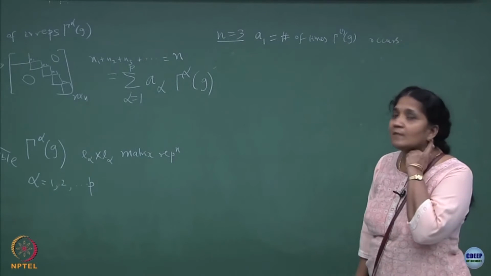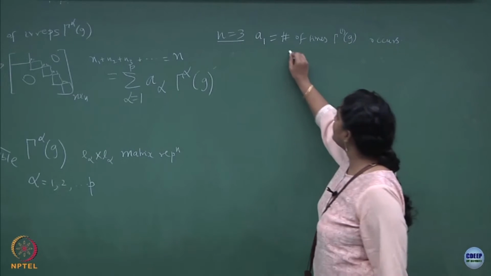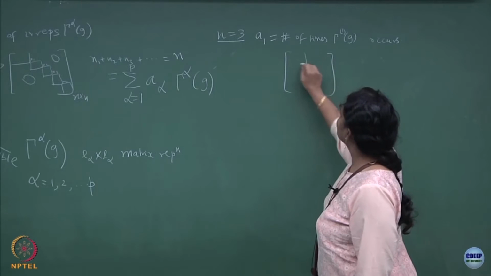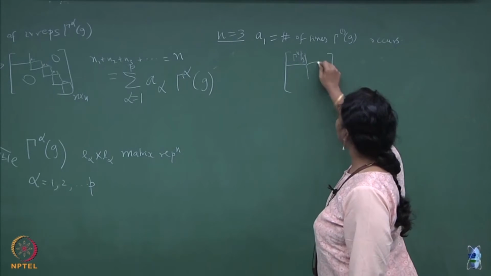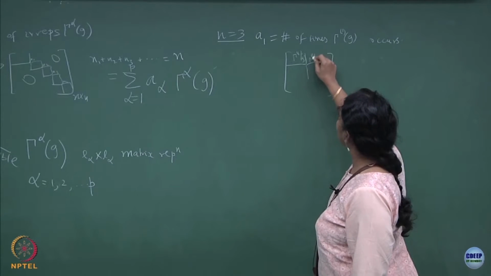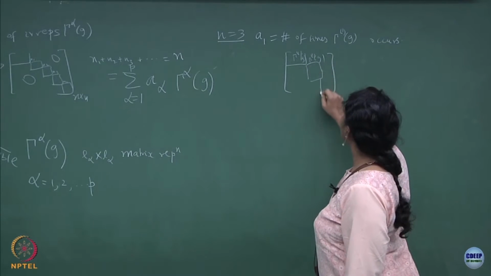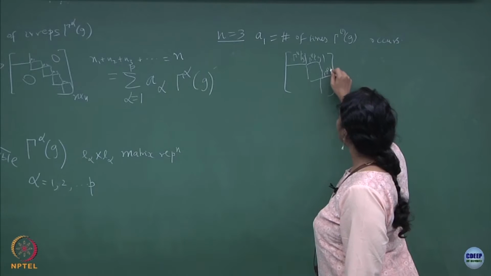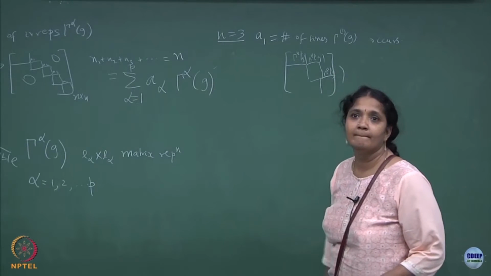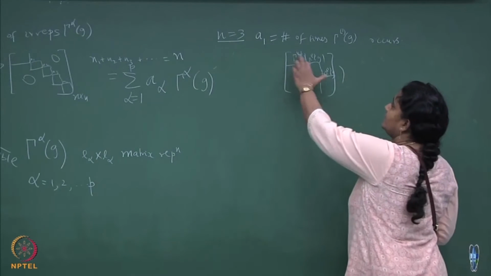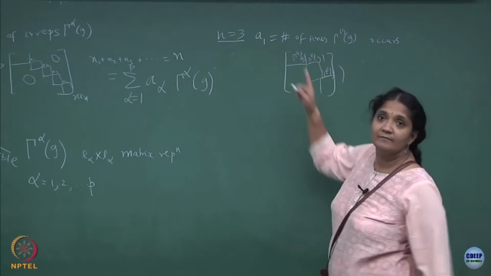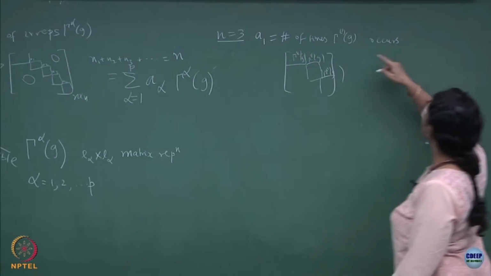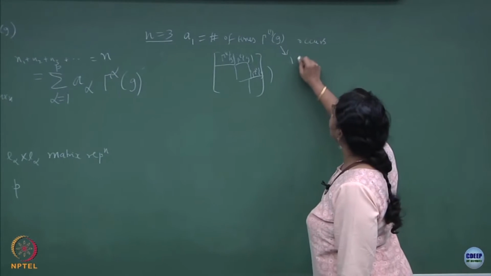And how do I denote it in the matrix form? This will be a gamma 1 of G, this will be a gamma 1 of G, and this will be a gamma 1 of G. Are you all fine? The dimensions add up to 3 if this is a 1 cross 1 matrix.